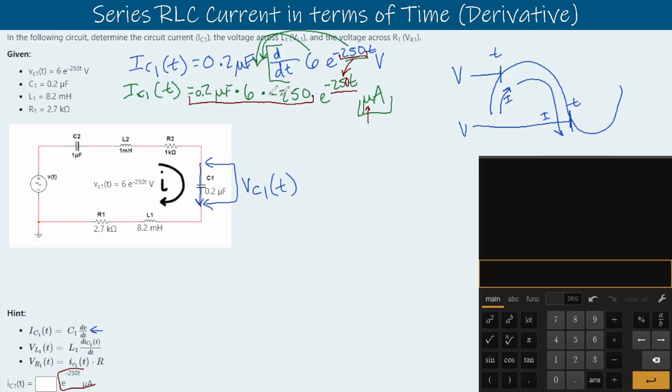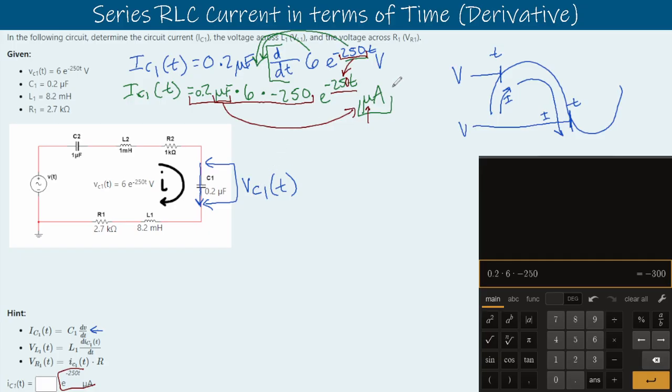Since we're multiplying these across, we can ignore this microamps and know that we're going to end up in microamps. Let's do that: 0.2 microamps multiplied by 6 multiplied by negative 250. That gets us a negative answer of 300 microamps, and that is our first number down here.